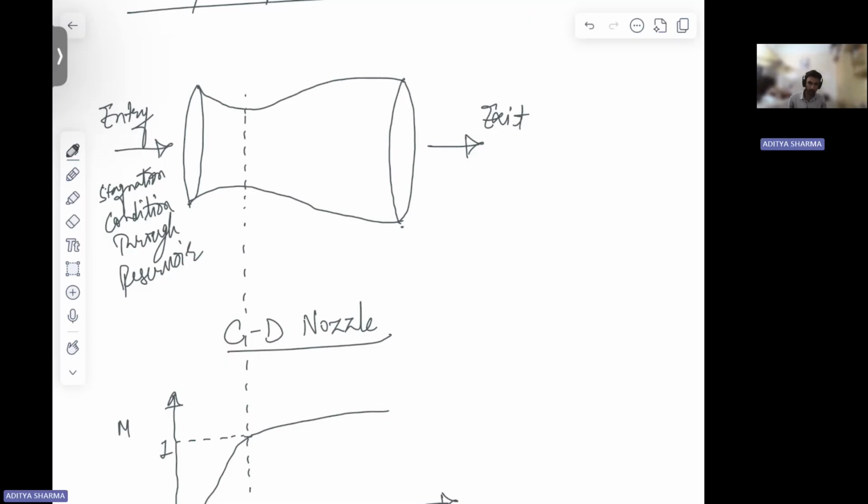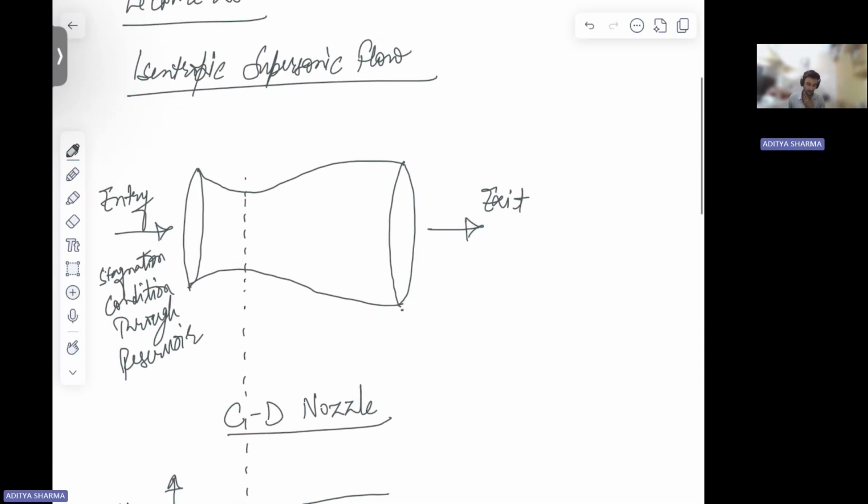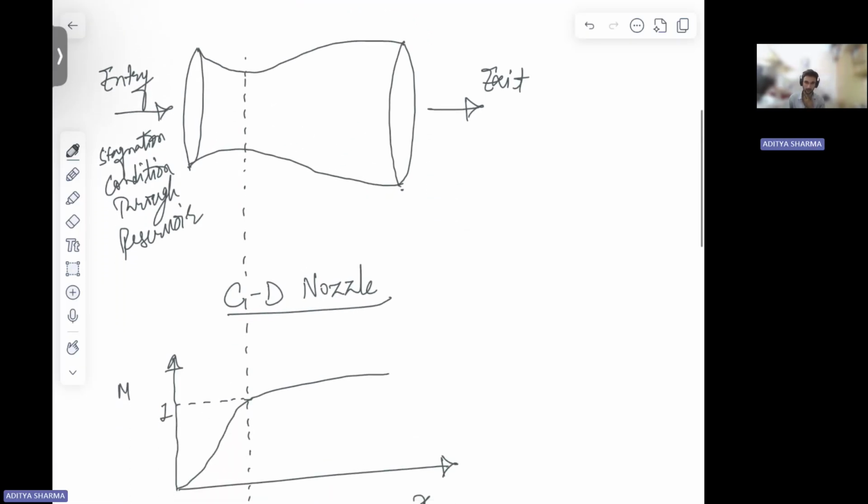From there, we are getting some stagnation condition, some initial pressure and temperature. This reservoir is connected to this nozzle, so the flow is accelerating. At the throat it will have Mach 1, and then further it will expand and its Mach number will increase when you have isentropic supersonic flow in your nozzle.